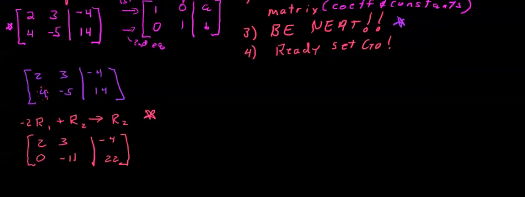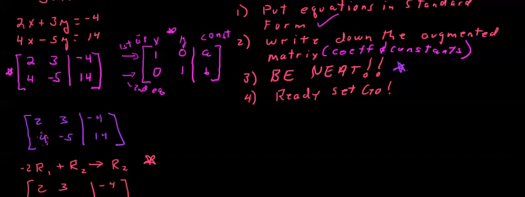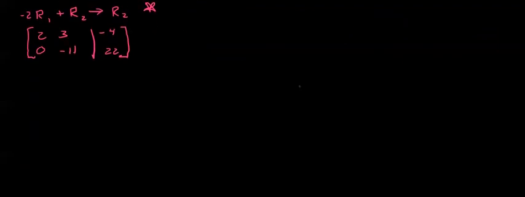Now remember, I want to see a 1 here. So I'm going to take the second row, divide it by negative 11, and I'm going to replace the second row with that. Probably a better way to write that would be like this: row 2 divided by negative 11.